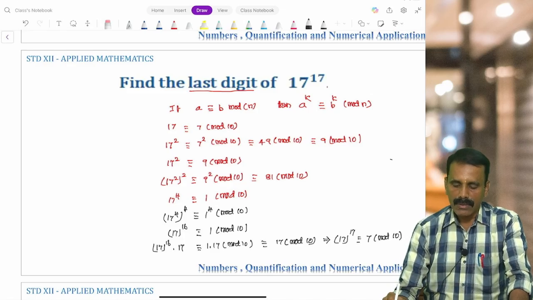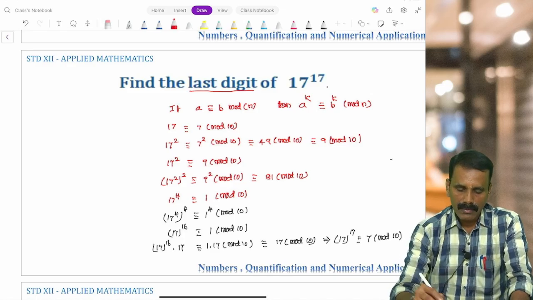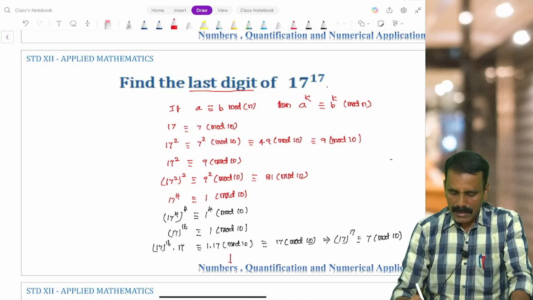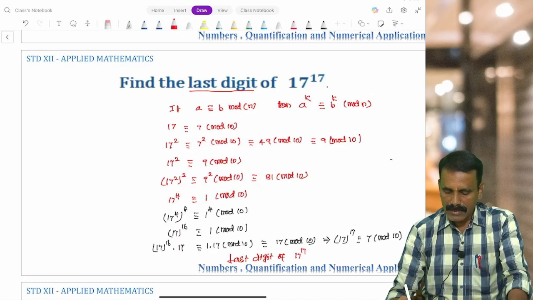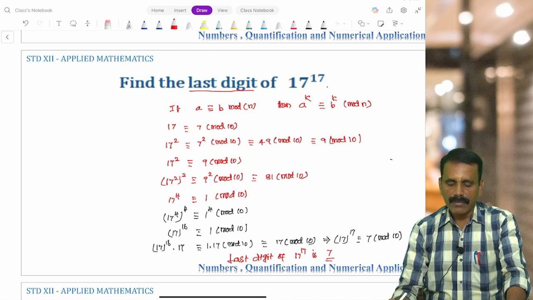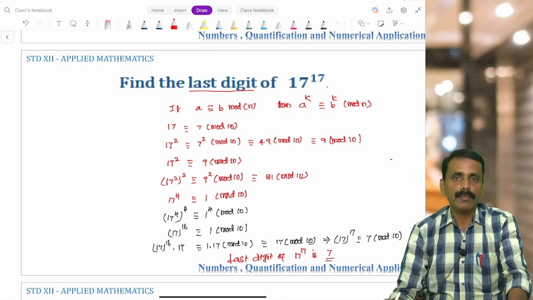So what is our conclusion now? Our conclusion is the last digit of 17 power 17 is 7. So like this we complete this problem.